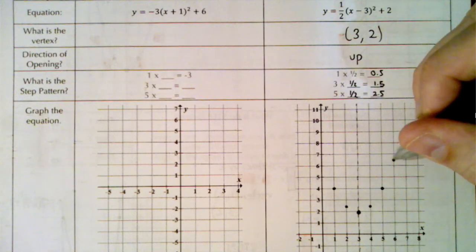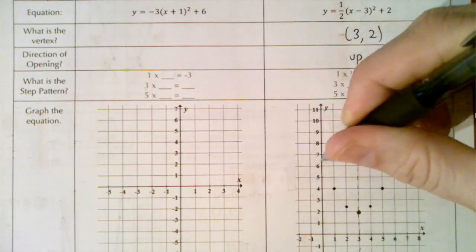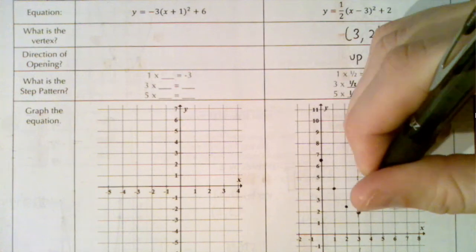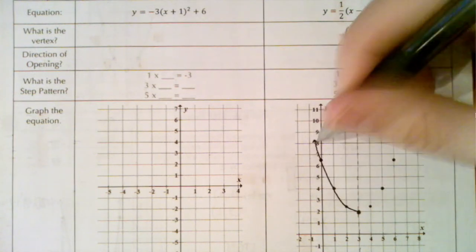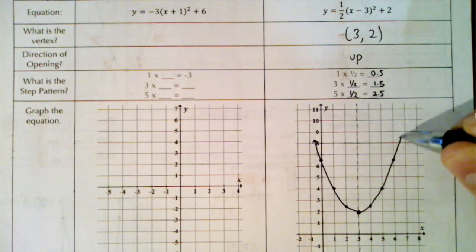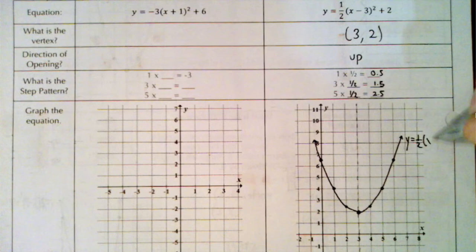Count to the axis. 1, 2, 3. So we go 1, 2, 3. And there we have a completed parabola. Connect with a smooth curve. And this is y equals 1/2 (x minus 3) squared plus 2.